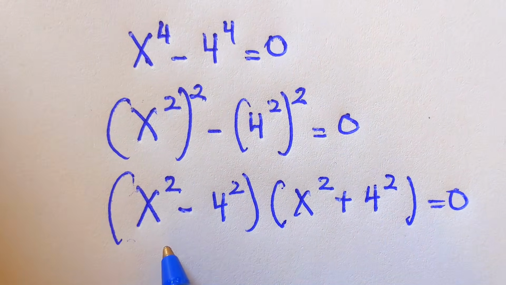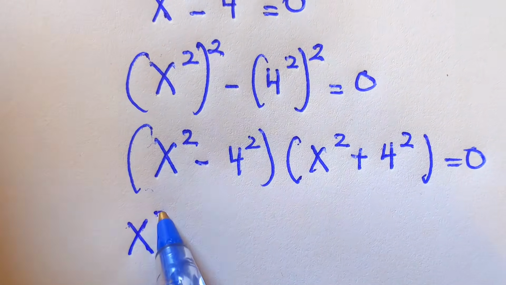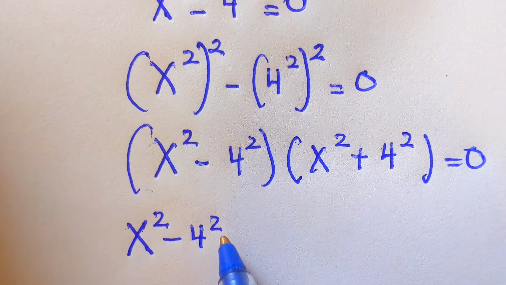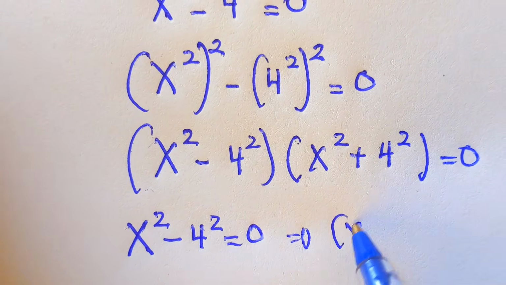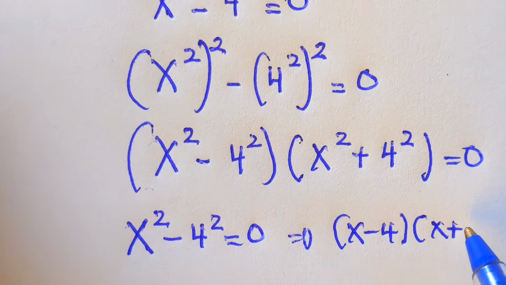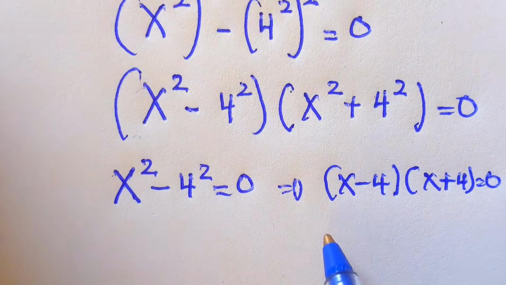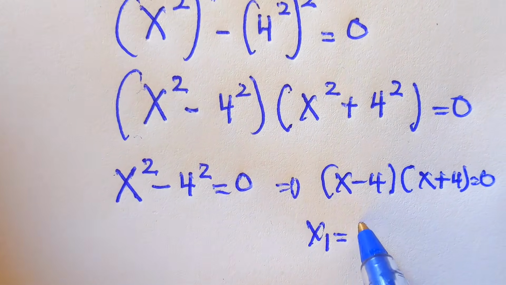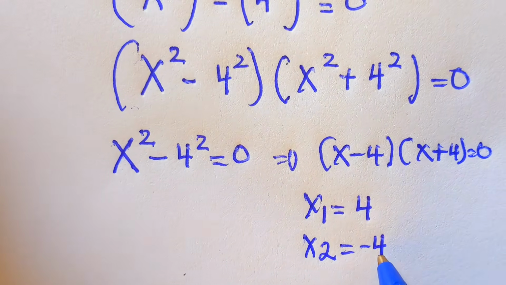Of course, this is a perfect difference of 2 squares, so x squared minus 4 squared equals 0, which implies x minus 4 times x plus 4 equals 0, and of course x1 equals 4, whereas x2 equals negative 4.